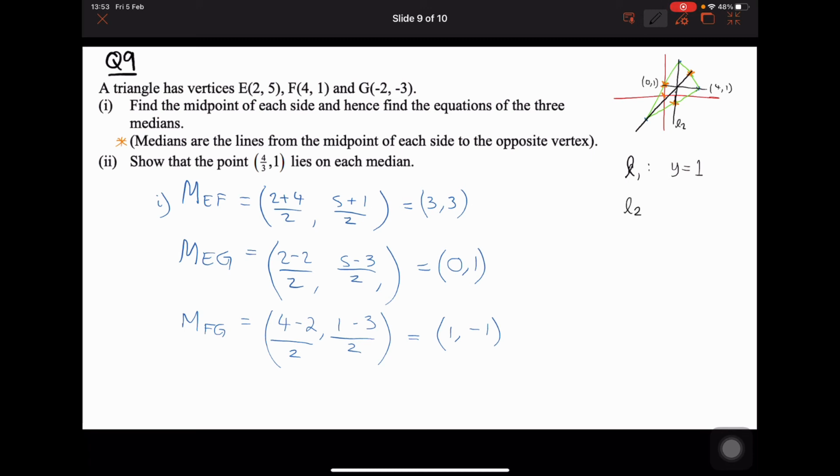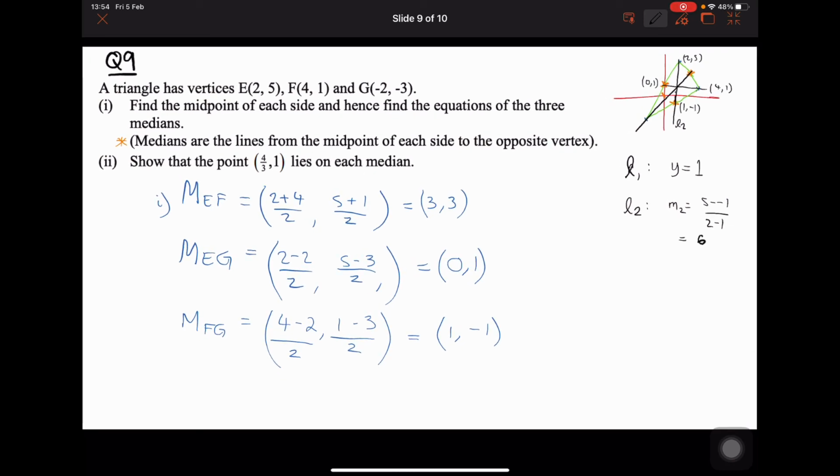L2, I'm going to call this L2, has the coordinates 1, -1, and 2, 5. So the gradient is 5 take away -1 over 2 take away 1 equals 6 over 1, so 6.